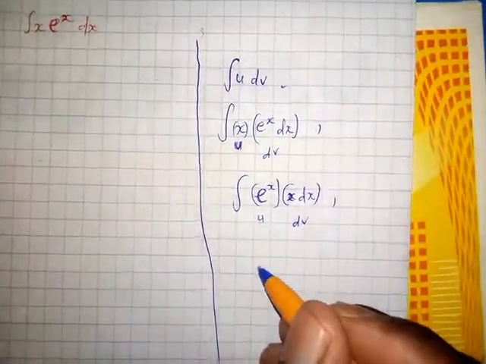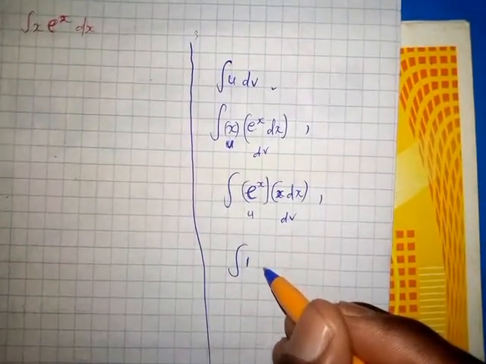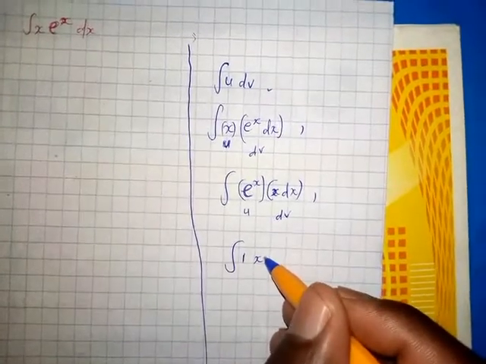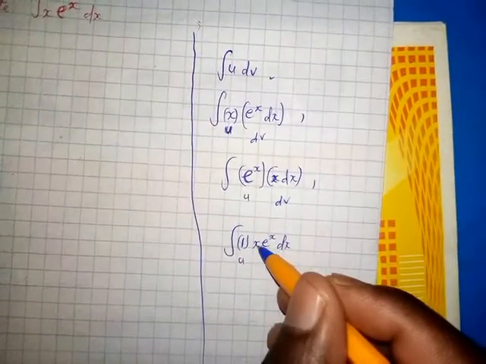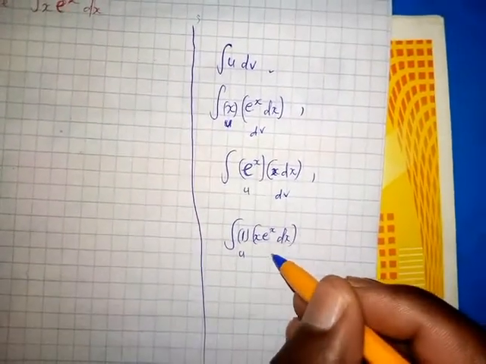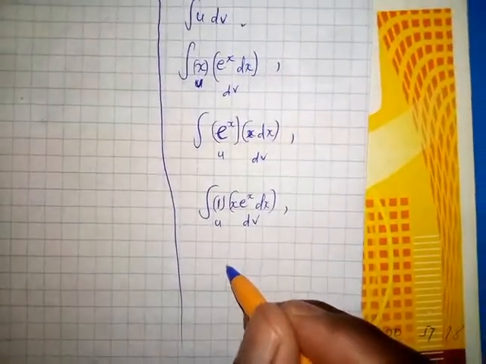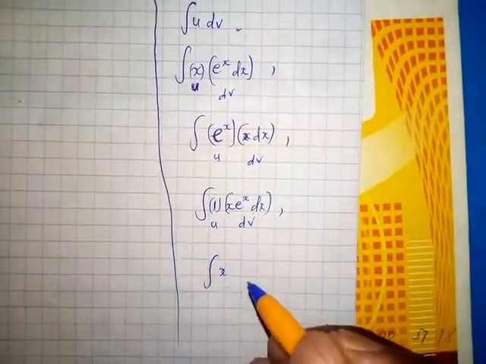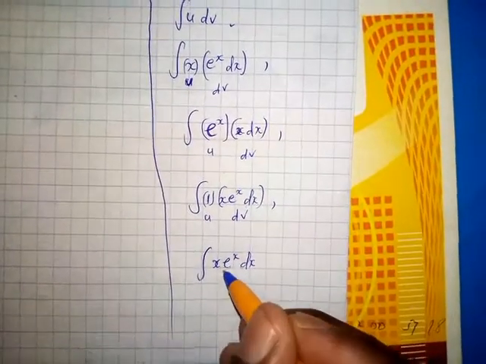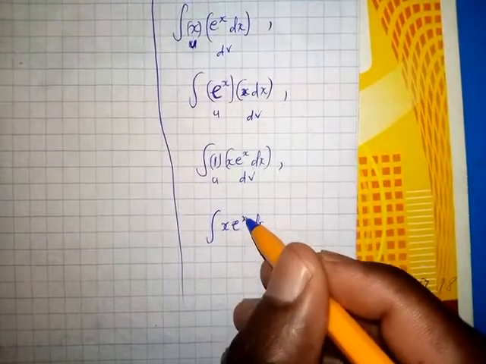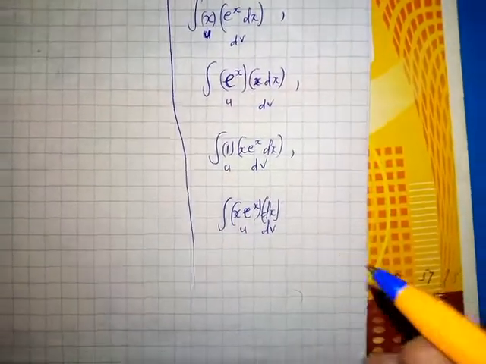Or we can write it as integration of 1 times x e^x dx, where you say that 1 is our u, then x e^x dx to be our dv. Or we can write it as integration of x e^x dx, where you can say that x e^x to be u, then dx to be our dv.